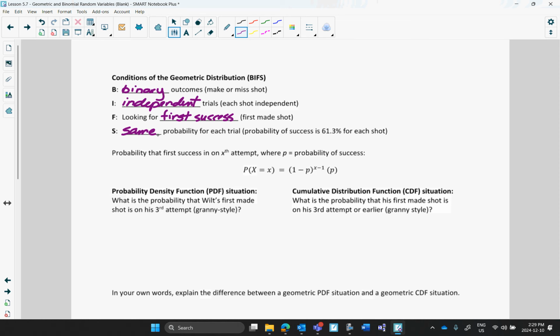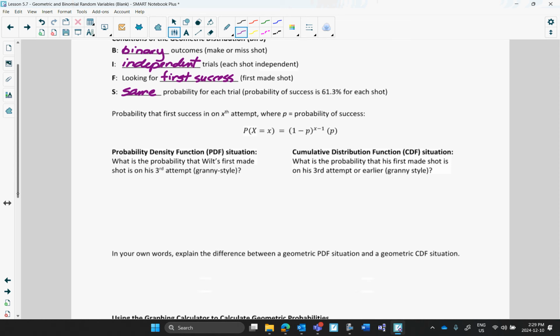Okay. So here's a formula that we can always use to calculate geometric probabilities. We always take the number of failures, like P represents the probability of success. So it's the probability of failures, how many of them before the first success.